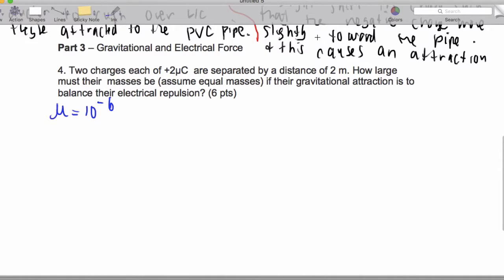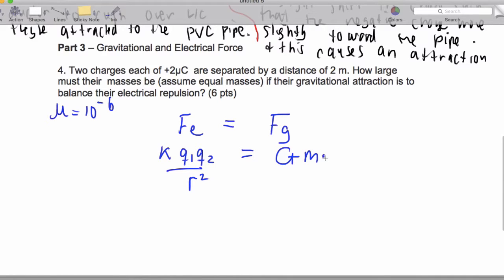Let's go ahead and actually set up this problem. So we have electrical force balancing gravitational force. Again, balance means equal. So we have K, Q1, Q2 over R squared. And Fg, they have equal masses, so we'll say G, mass times the same mass over R squared. Now here's something amusing.